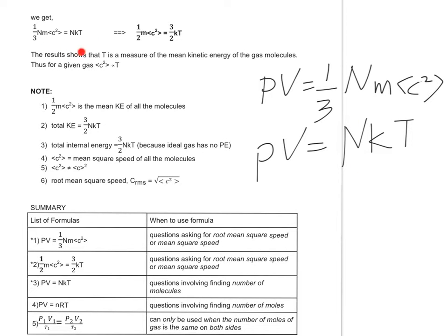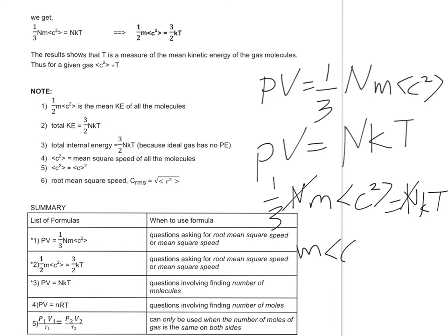So once we have this, we can modify it a little bit. So I'll just show you how. You can write 1 over 3 Nmc squared equals NkT. Now the next thing you can do is cancel out the N, and then you get mc squared.